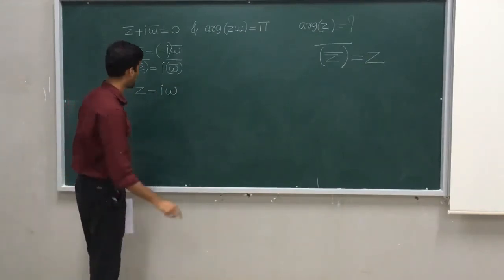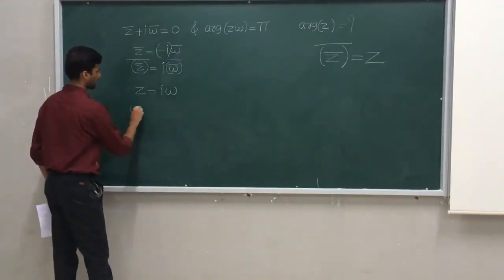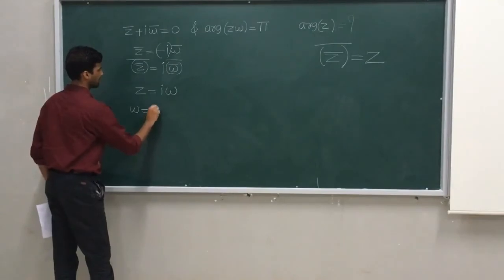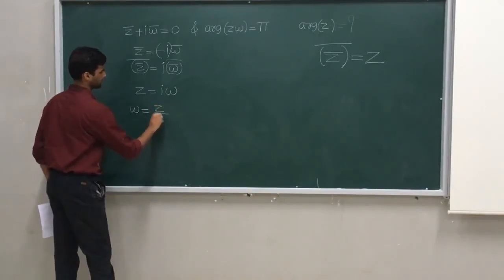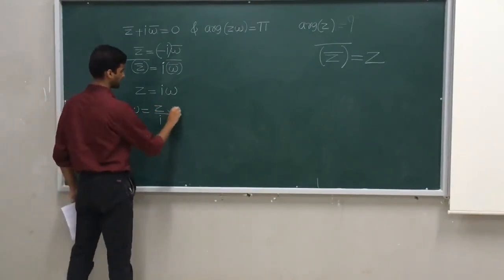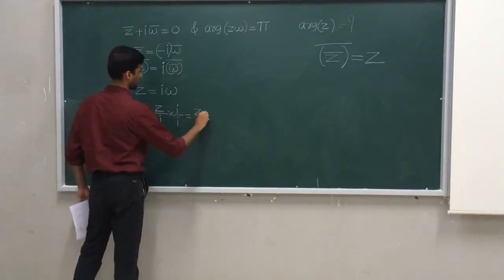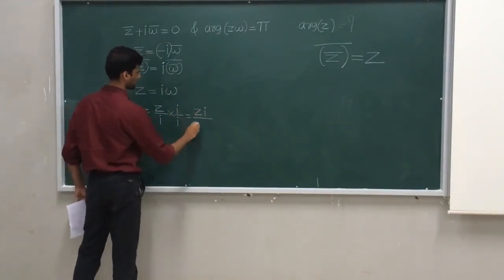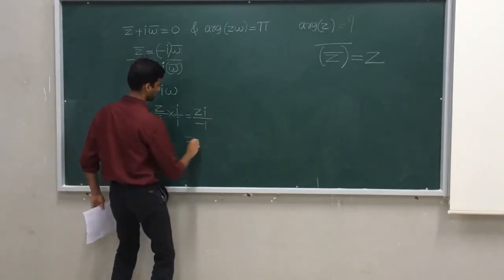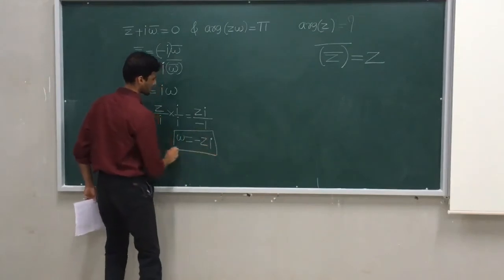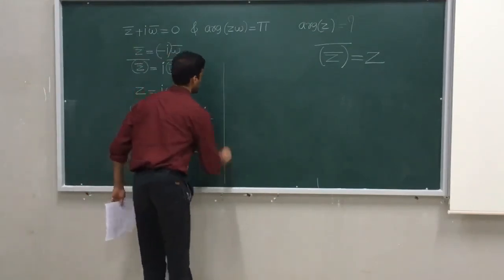Or you can write this as omega equals z by i. Or you can rationalize it: z i divided by i square, which is minus 1, which is minus z i. So you can write it this way also, but what is given here?